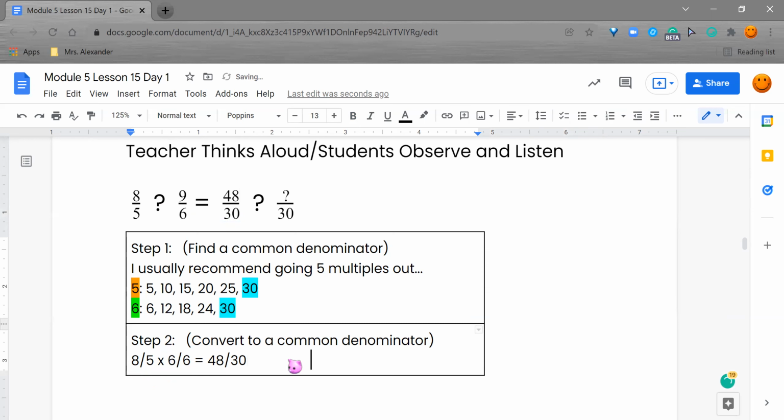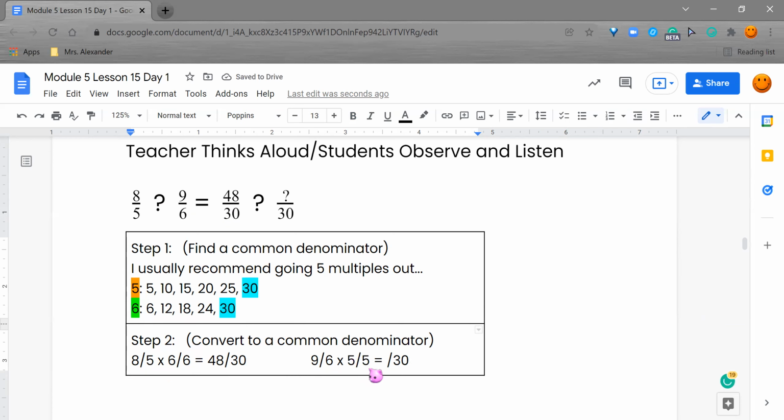Now we need to get the next one, and our number is 9 over 6. I'm going to multiply it by some whole one, which equals some fraction over 30. So now I look: 6 times what number gives me 30, and I count 1, 2, 3, 4, 5. I put a 5 in the denominator, and what I do in the denominator, I do in the numerator, which is 5.